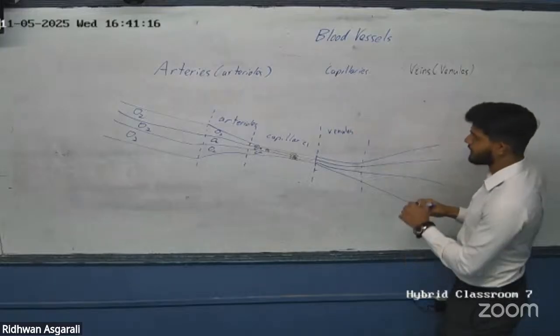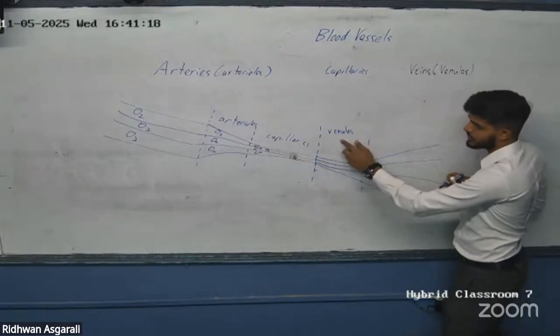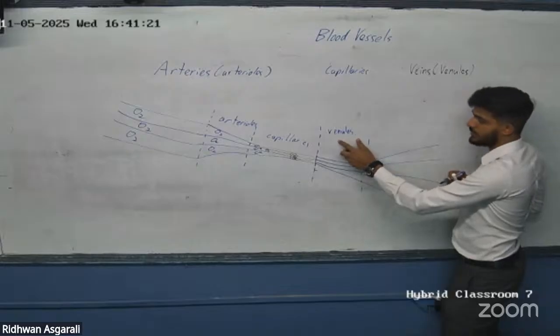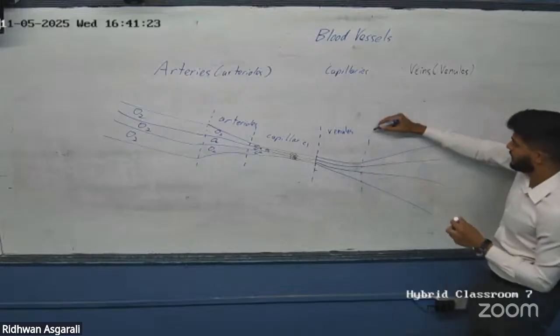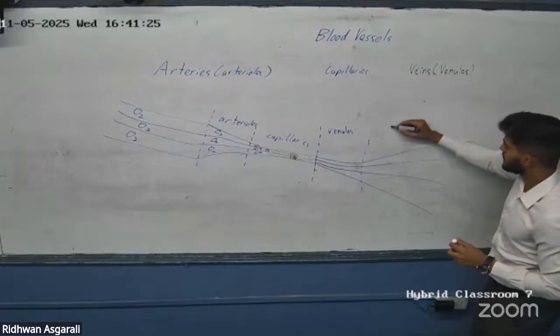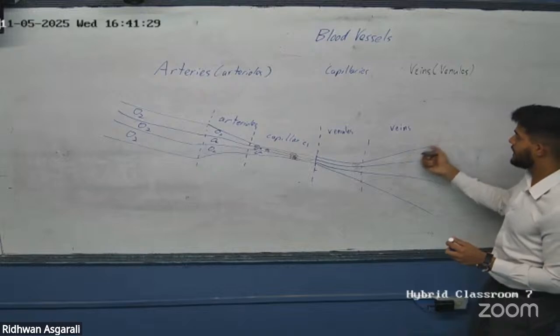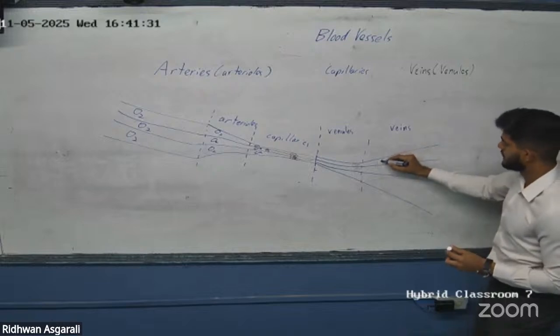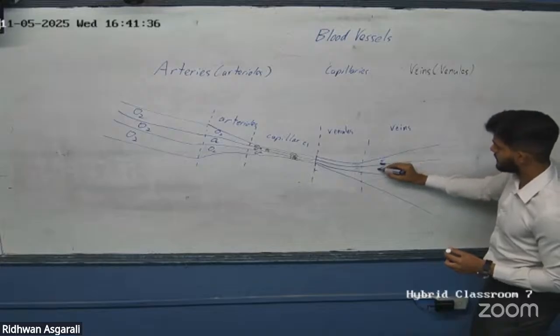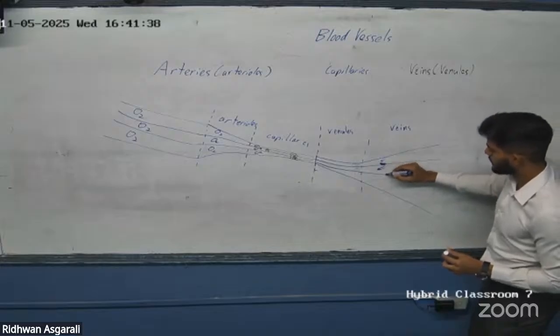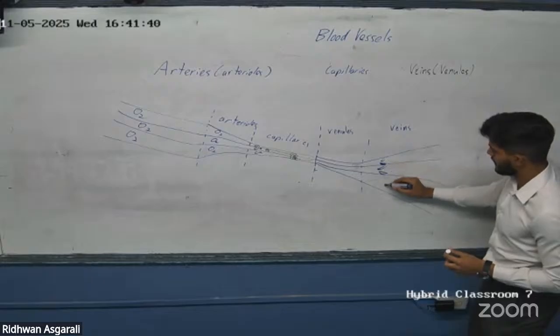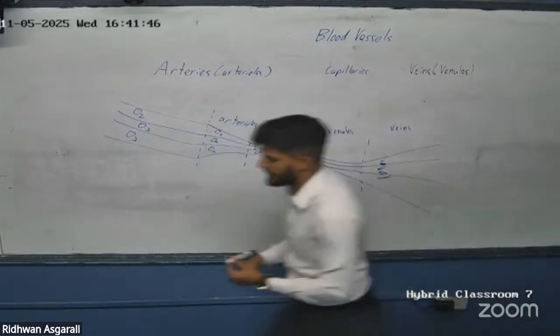When they get some space, they will form slightly larger structures called venules. These venules, when they get even more space, will form veins. And your veins will carry the blood back to the atrium. Now, what are the structures that help the blood move? Valves.